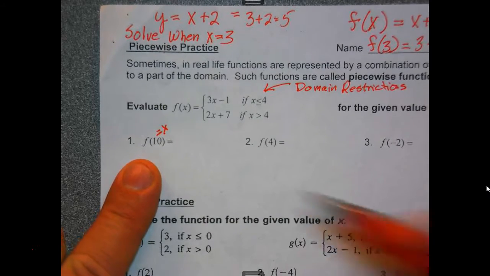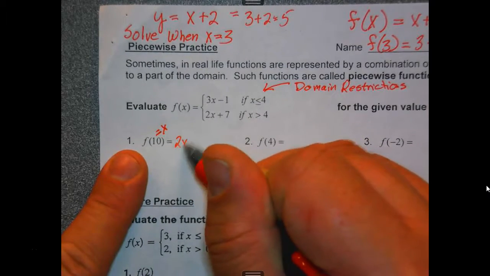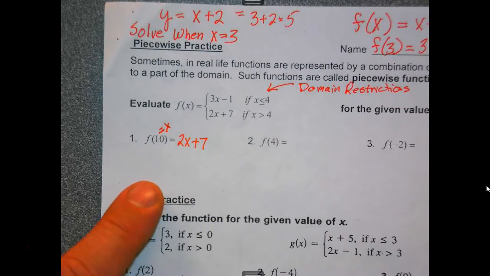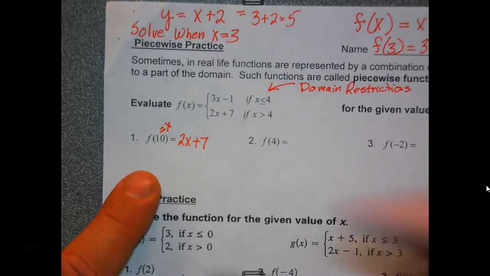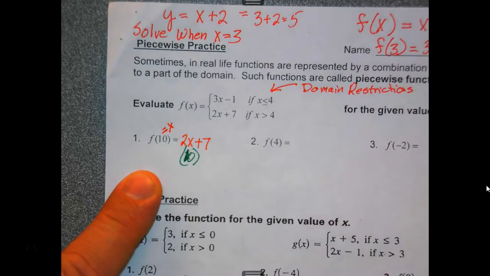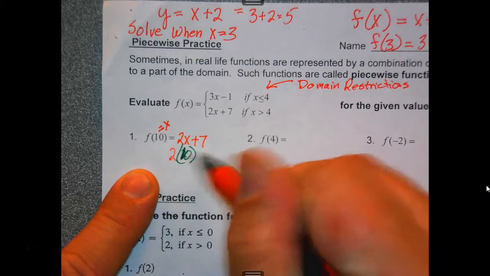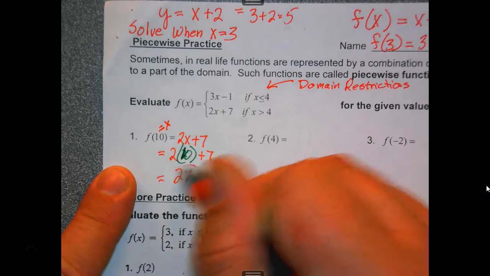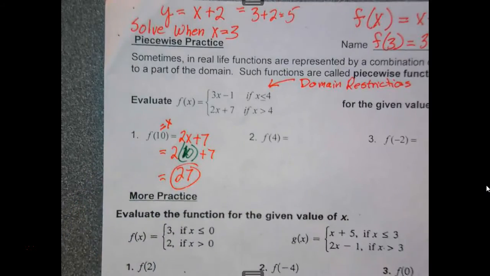The bottom one, the 2x plus 7. Then we substitute in 10 for x. I get 2 times 10 plus 7, which equals 27. So the f of 10 equals 27.